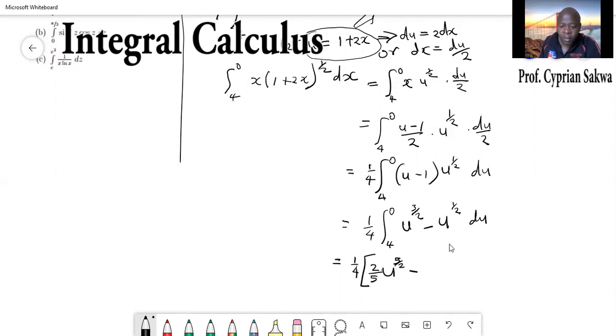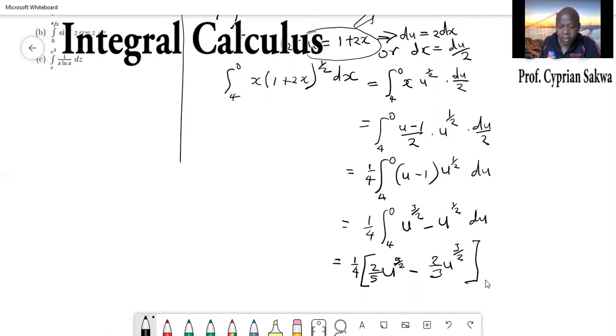And then again add 1 to this, you get 3 over 2, so you have u raised to 3 over 2, and divide this by the new power, 3 over 2, so I would have 2 over 3 here. Since these are definite integrals, there's no need of adding a constant of integration.